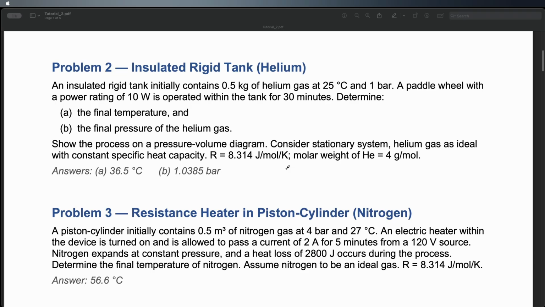And now finally, we are also asked to draw this on a PV diagram. So let's go ahead and do that. Here we've got our pressure in bar, and here we've got our volume.